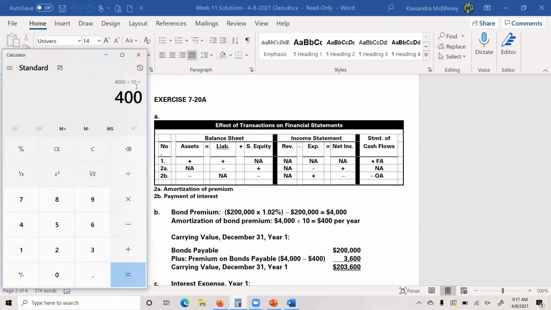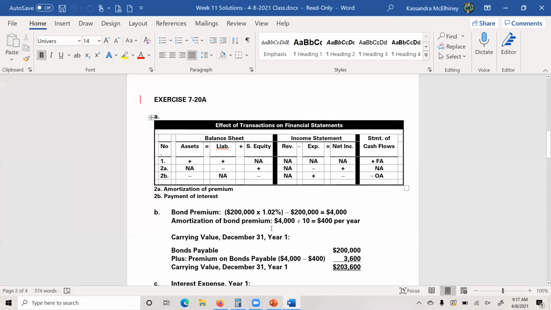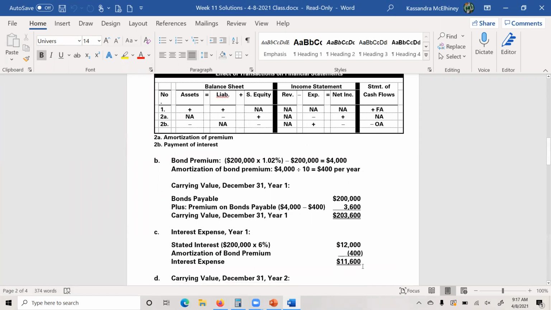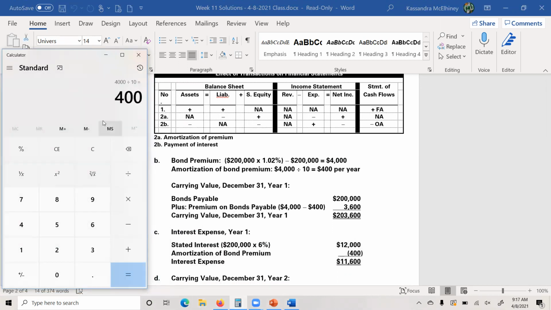So the interest expense recognized on the income statement, this is part C, would be the stated interest less the amortization of bond premium, which I just calculated. $12,000 of interest paid less $400 gives you $11,600. That would be your interest expense, which would be recognized on the income statement.